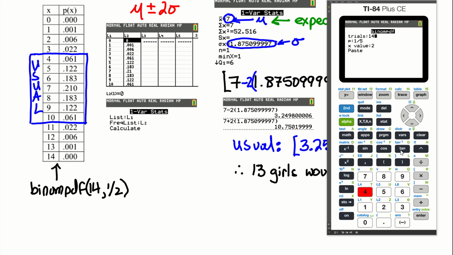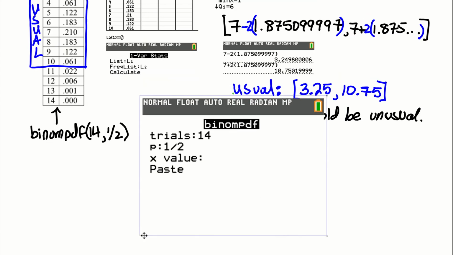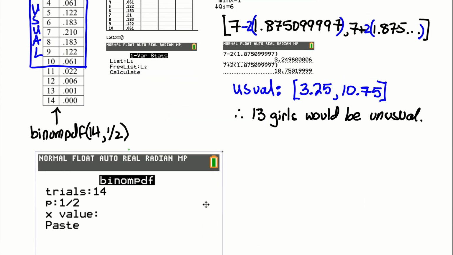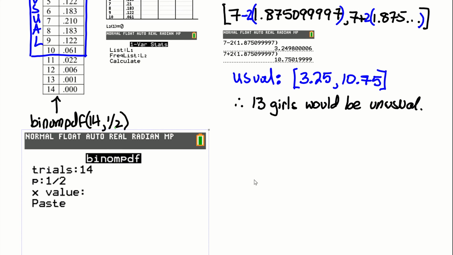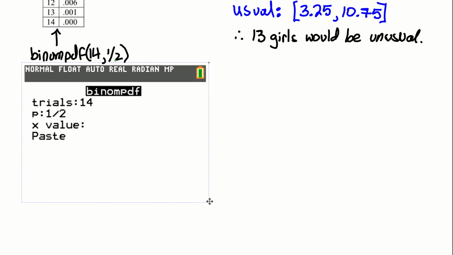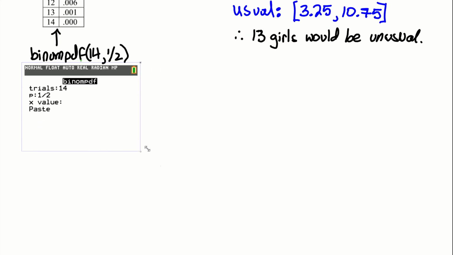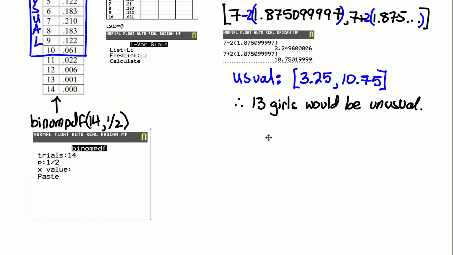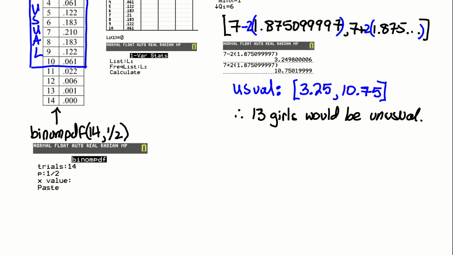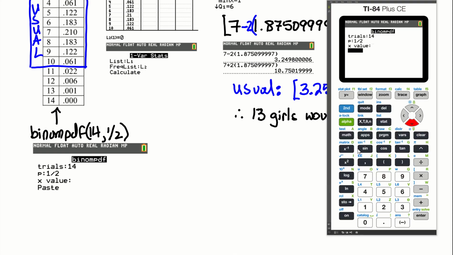Type in your 14, your 1/2, and leave the X value blank. It's crazy because, like I said, I just learned this 2 minutes ago, but now in every other class it's going to be like, well, of course you would do it this way. Why wouldn't you? So hit enter.